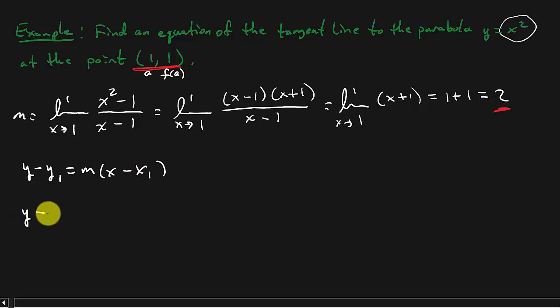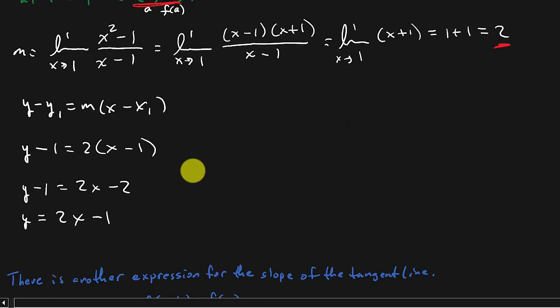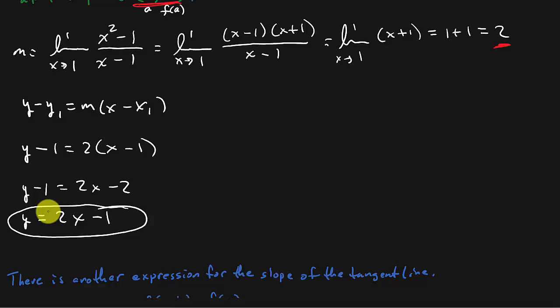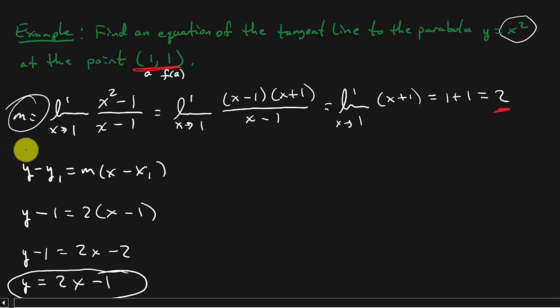So we've got y minus 1 equals 2 times x minus 1, which is y minus 1 equals 2x minus 2, and so y equals 2x minus 1. And there is the equation of your tangent line. Really the only thing that's new to you in this problem is how you're finding the slope. Everything else you've done.